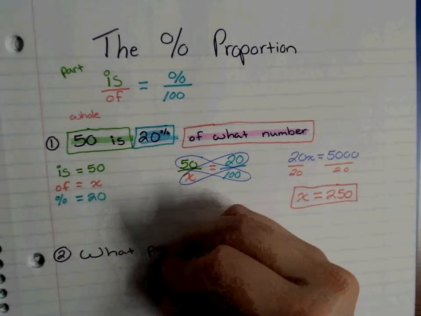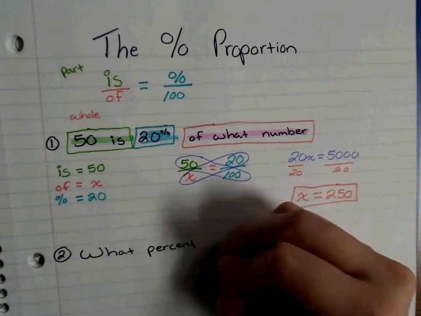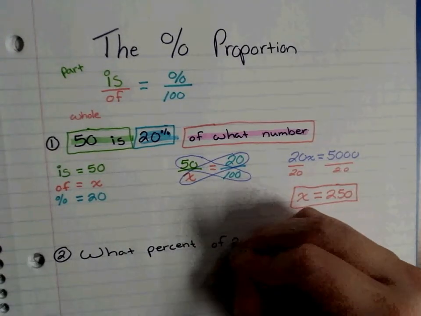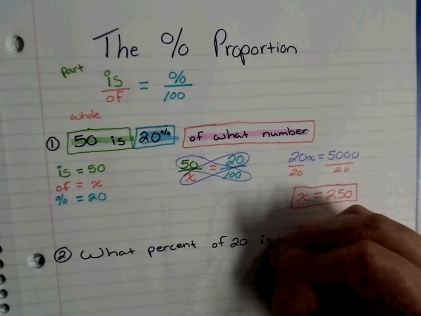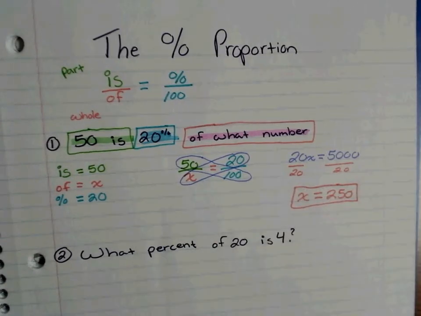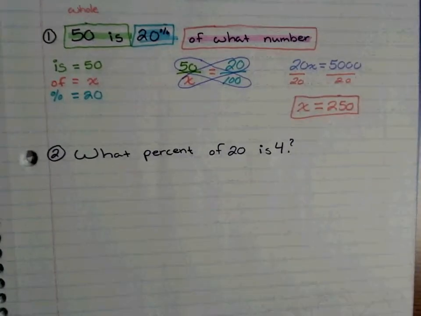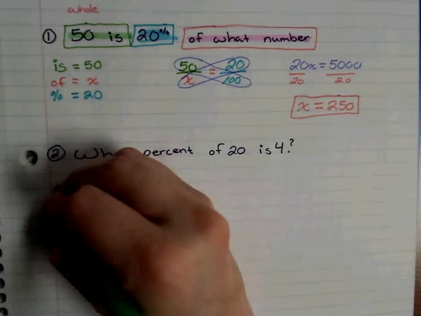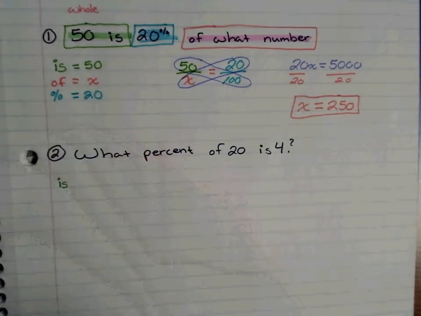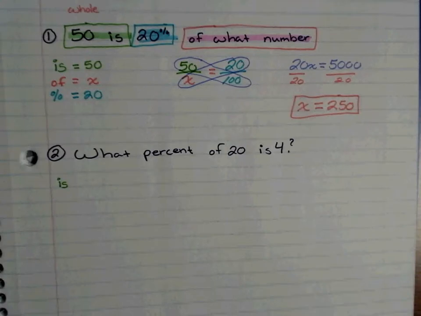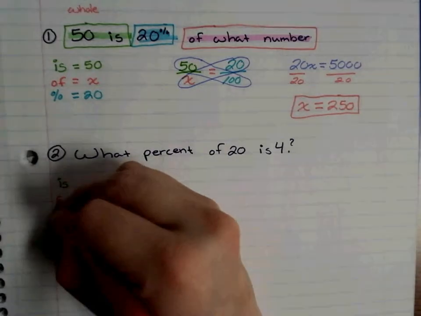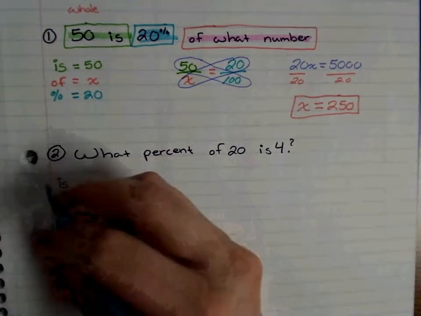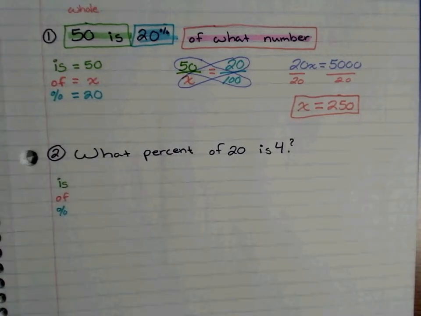What percent of 20 is 4? So again, like I recommend, to make it easy, just write down your information that you're trying to figure out. Is, of, and percent.